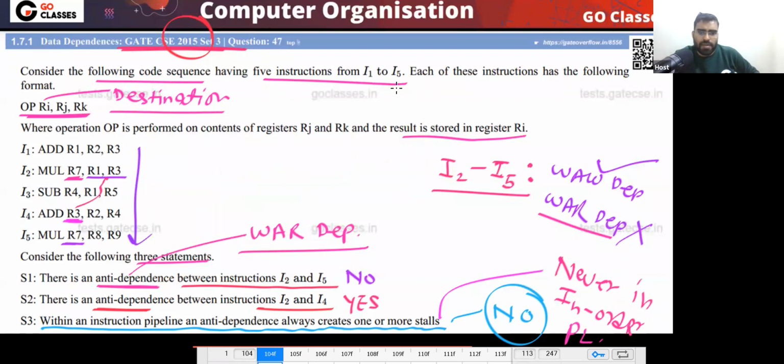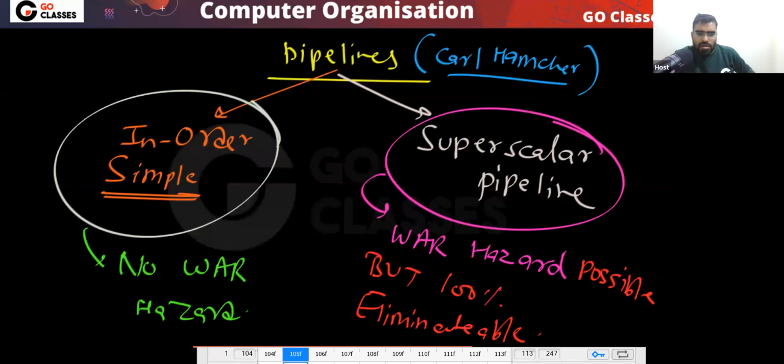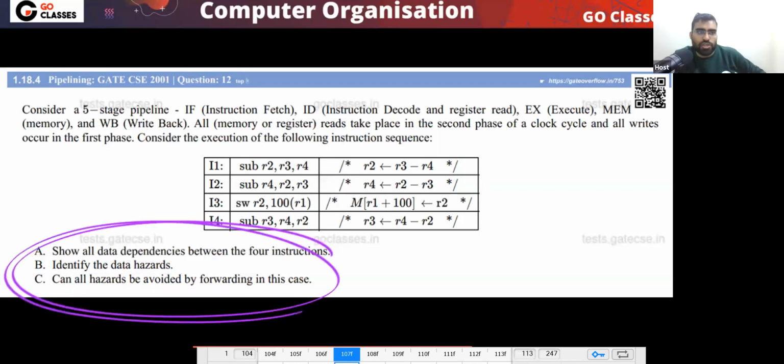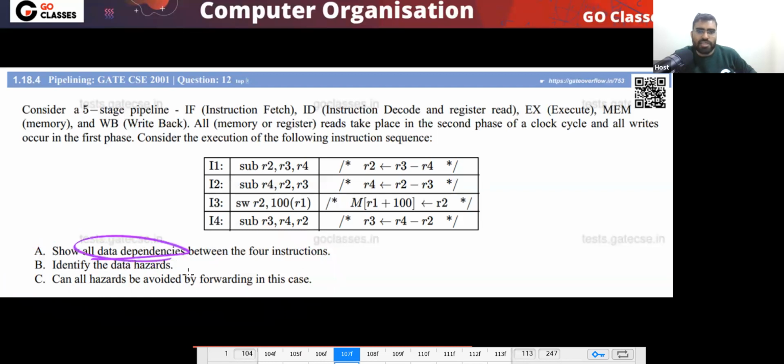Now let's move on. This question we will discuss in the marathon. I will take a pipeline marathon, and in that marathon I will discuss it, but you can solve it. The question is asking for data dependence and data hazard. You know what data dependence is, and you know how to detect a data hazard.